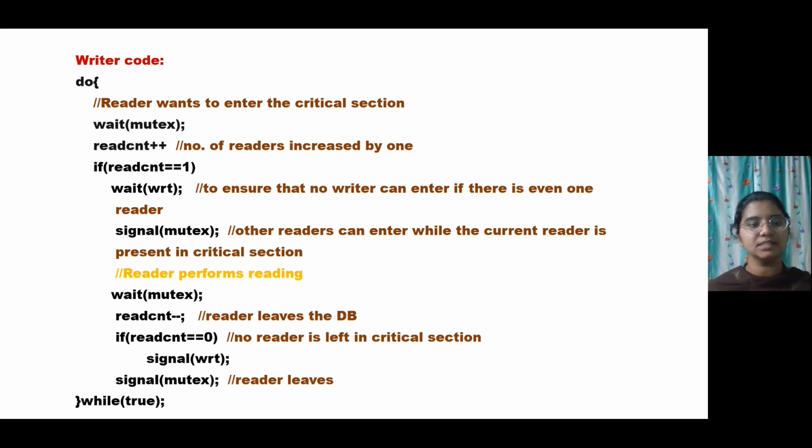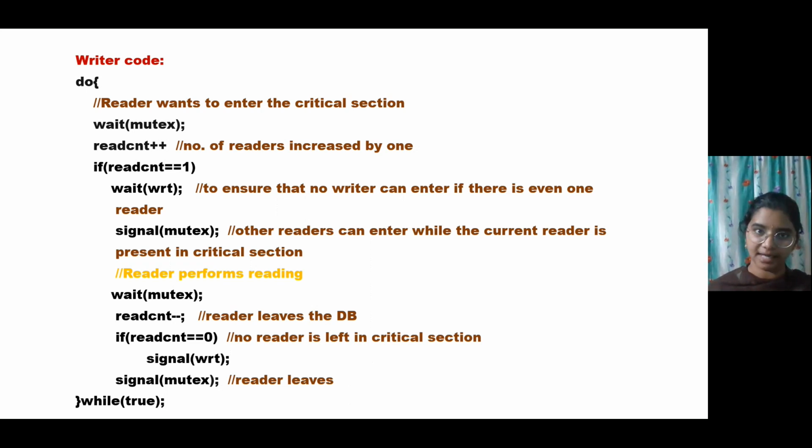Again we are getting hold of mutex so that the read count value will be decremented by 1, as the reader process is leaving the critical section. And if the read count value equals 0, that means there is no reader process in the critical section, then we signal write. That means we are incrementing the value of write.